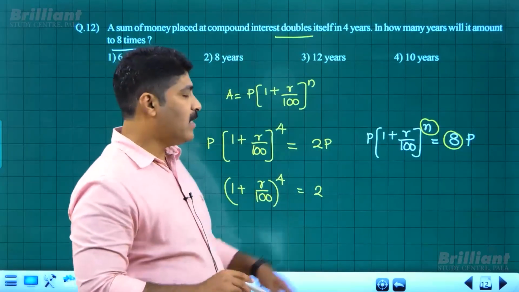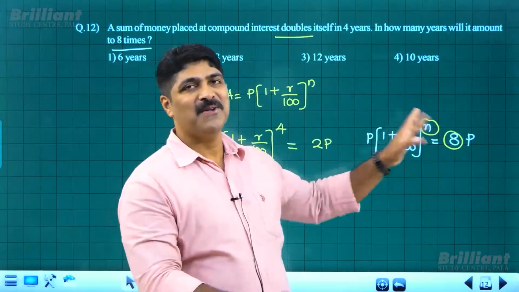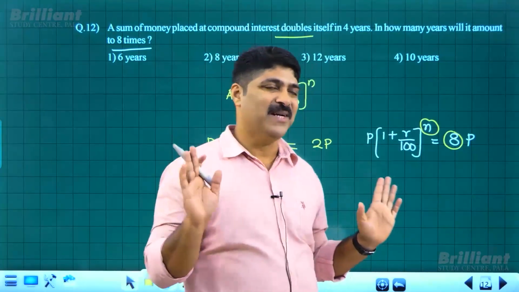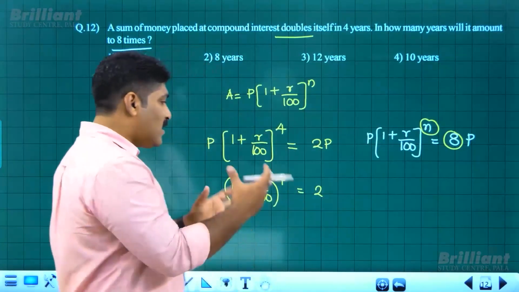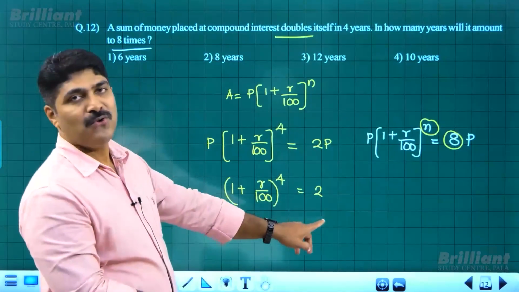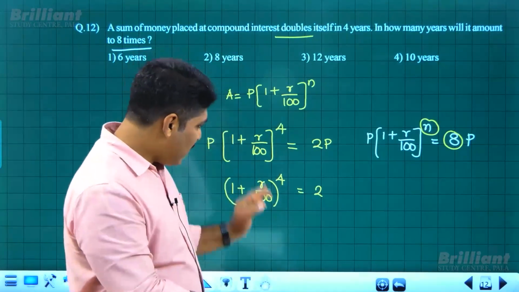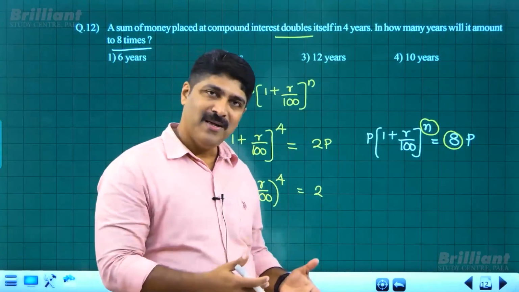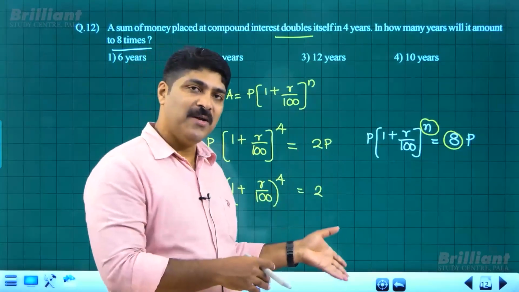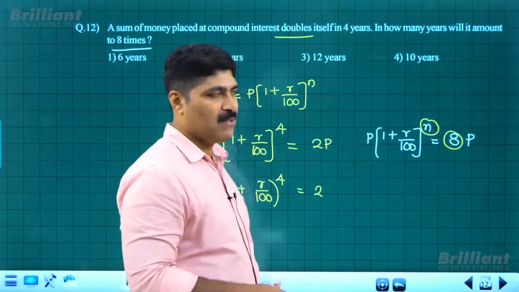When the coefficient of P is 8, what is the corresponding value of n? That we have to find out. You just simply think about such a situation. If you want to make this 2 as 8, which types of operations are possible? Either we can multiply this value by 4, or we can add 6 to this value, or take the cube of this value. Like that, many different methods are possible.